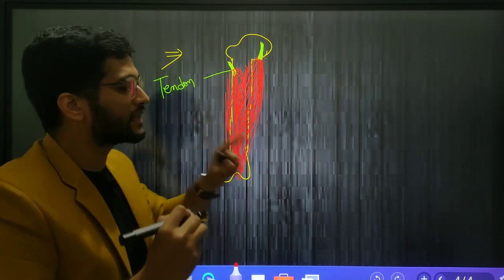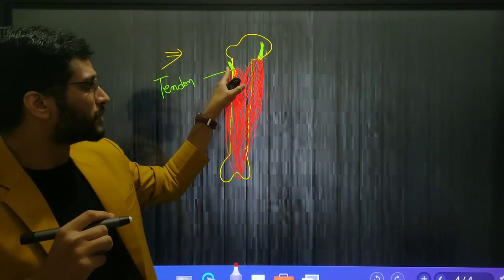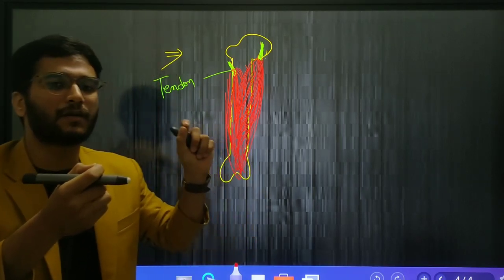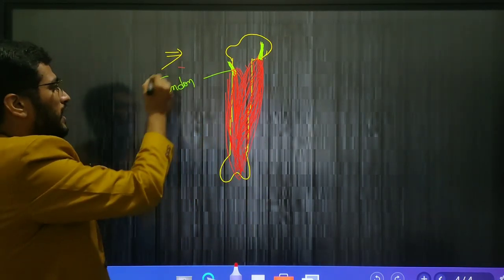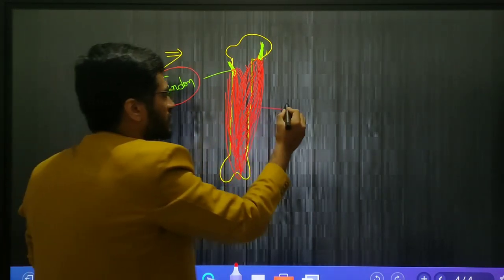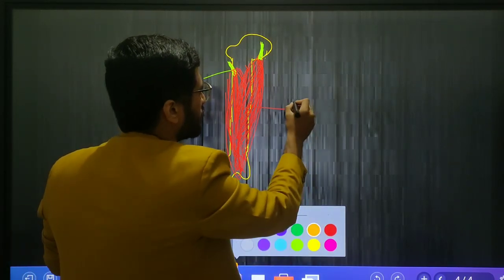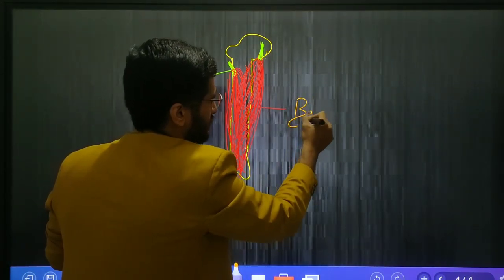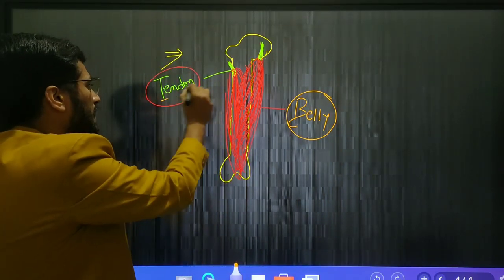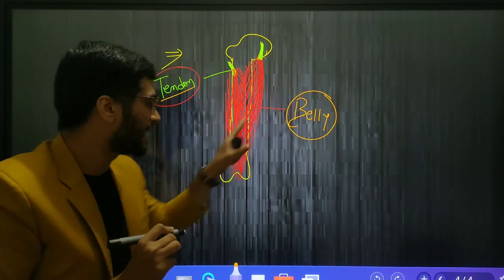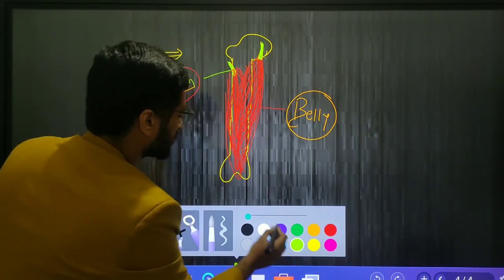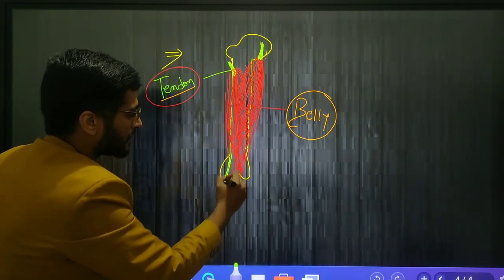Clear? So at the time of origin, the muscle fibers originate in a very dense amount, and it becomes a thicker band, and that band is known as the tendon. Afterward, this muscle becomes fleshy, and this kind of fleshy part is known as the belly of the muscle. So the belly is the main portion of the muscle, where the tendon is situated at the origin side as well as at the insertion side in the form of a very thick fibrous band.